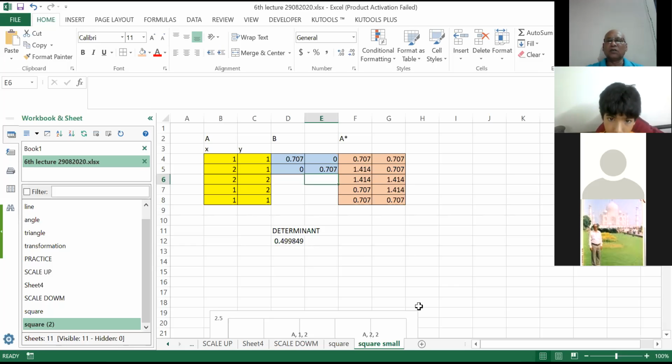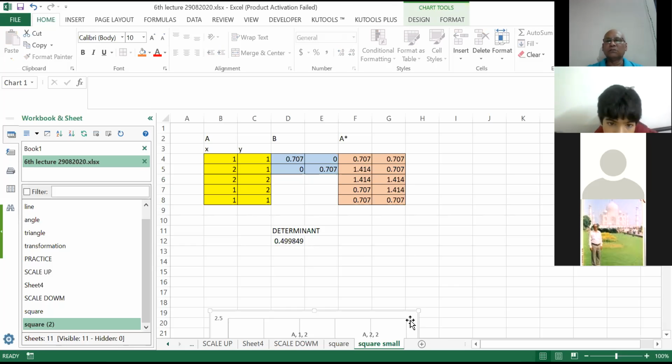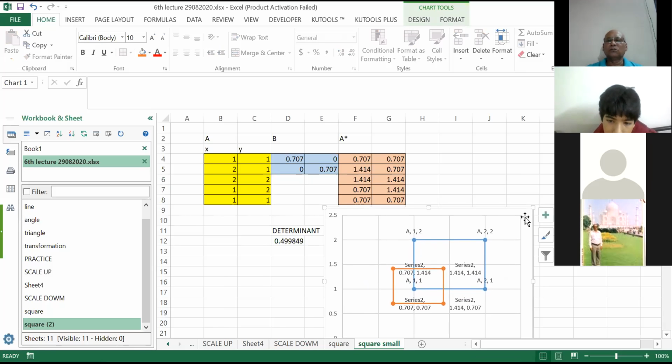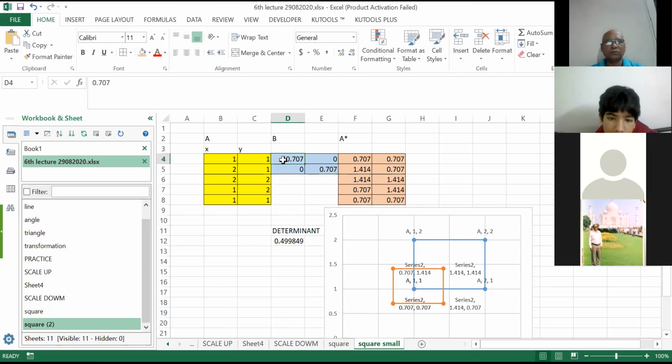So like that you can. This is the thing. So what is the determinant? What does it do? The determinant is actually used to tell how much enlargement or shortening of the object happens, the physical significance.